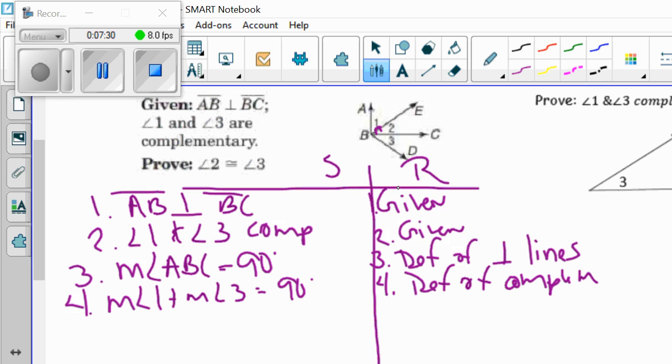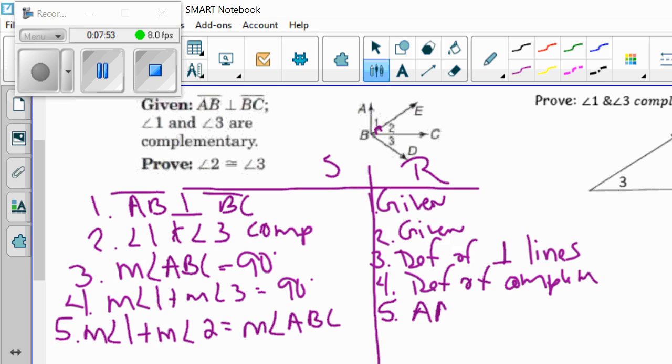So now I need to get 2 and 3 together. We have angle 3 in here, but we don't have angle 2 in here. The way that I can get angle 2 in here is with my angle addition property. I can say the measure of angle 1 plus the measure of angle 2 has to equal the measure of angle ABC, the angle addition postulate.